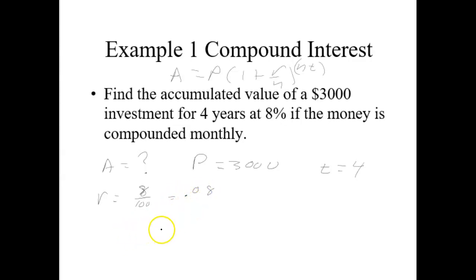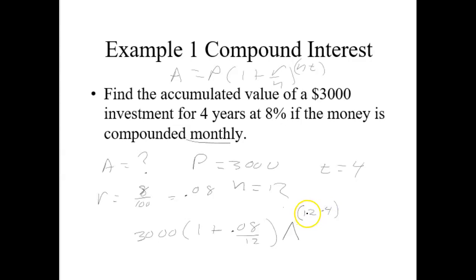So in your calculator, you're going to do 3,000 times 1 plus 0.08 over, wait a minute, what's n? We haven't figured out n yet. N is monthly. N is 12 over 12. Now you want to be careful, and you're going to raise this to an exponent however you do that in your calculator. And on the older TI operating systems and on scientific ones, this gets people in trouble. 12 times 4.